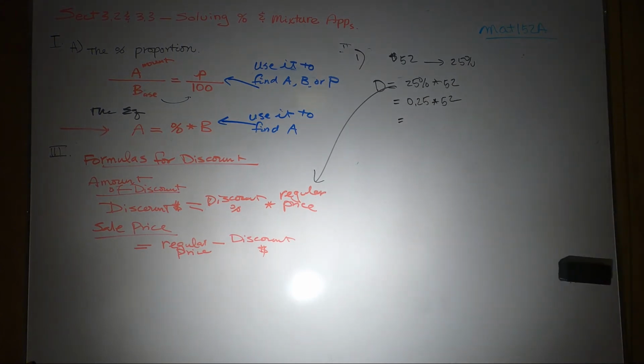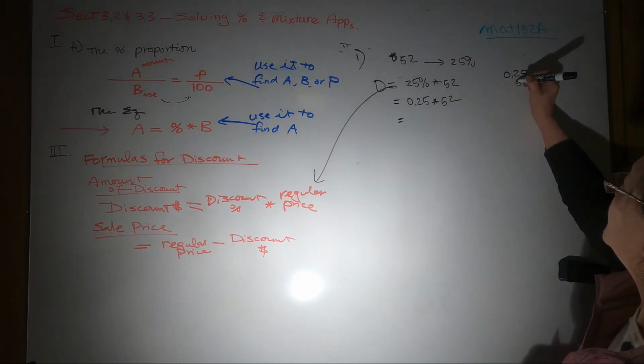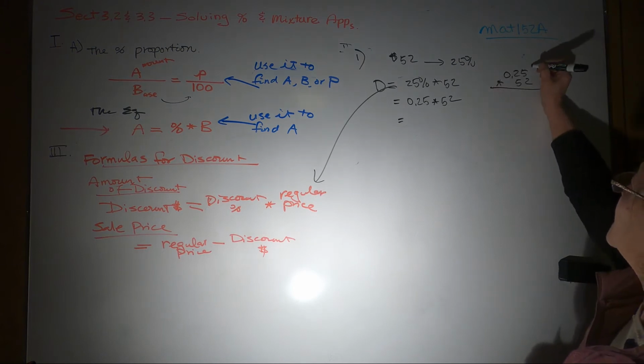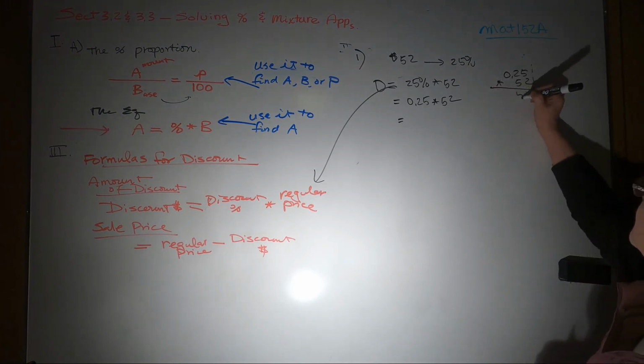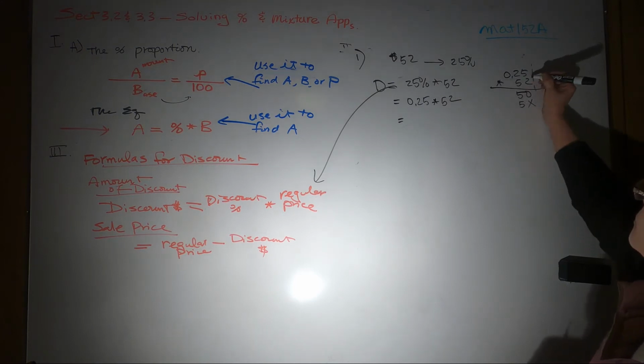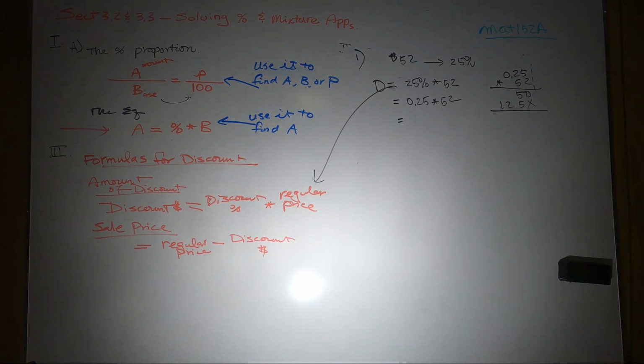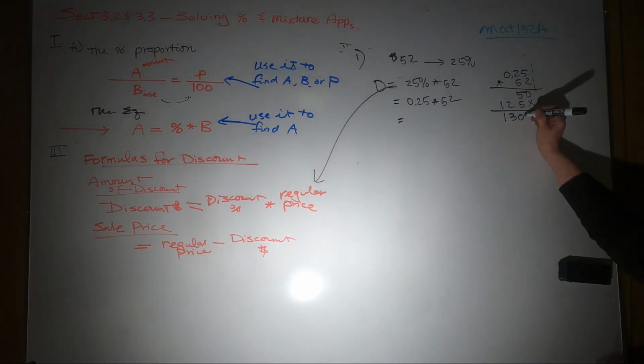Do you remember how to do the multiplication for decimals? You line them up at the back. 2 times 52 is 50, 5 times... 25 times 2 is 10, and then you put it together.